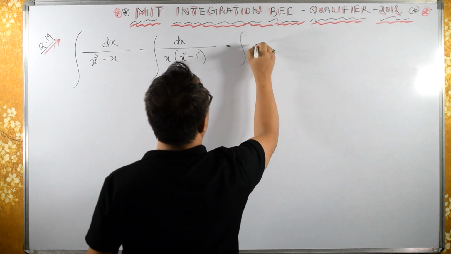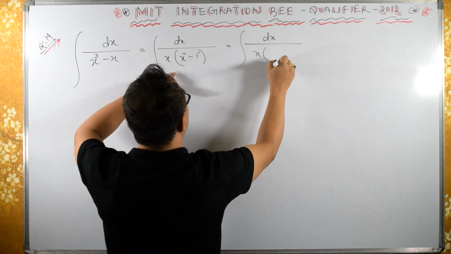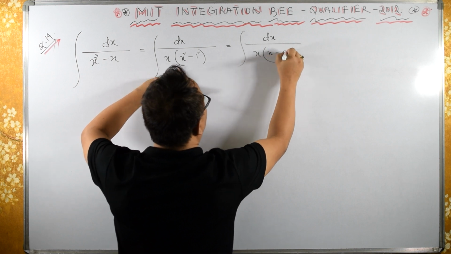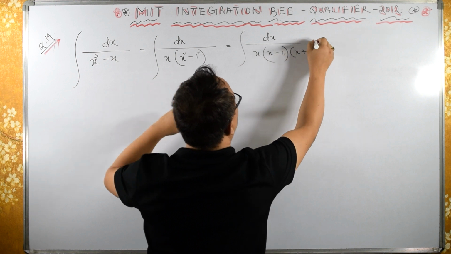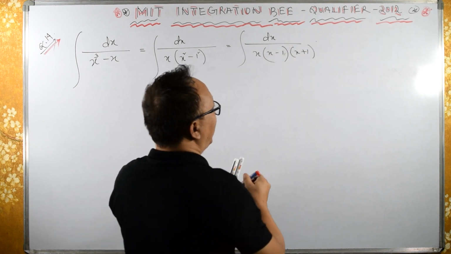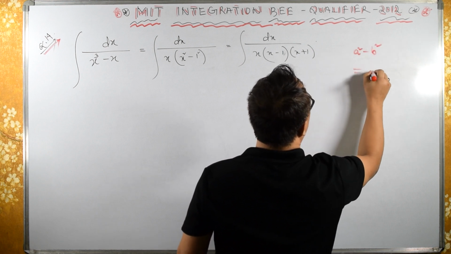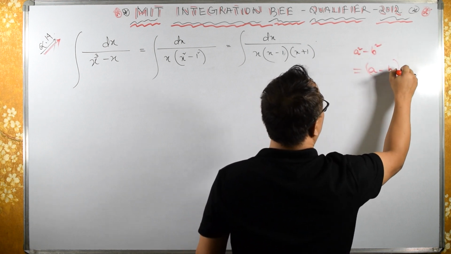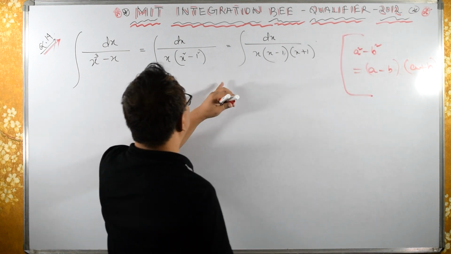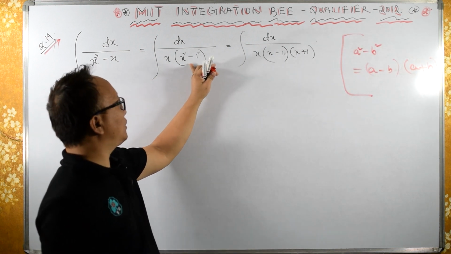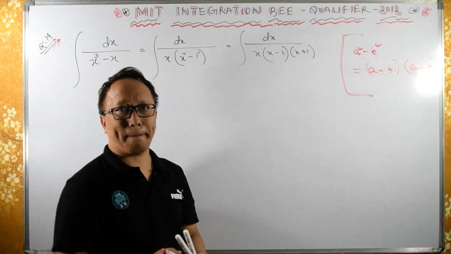I can reduce this further as x into (x minus 1) into (x plus 1). Why? Because we have this formula: a square minus b square equals what? (a minus b) into (a plus b). So applying this formula, x square minus 1 square is the same as (x minus 1) into (x plus 1).